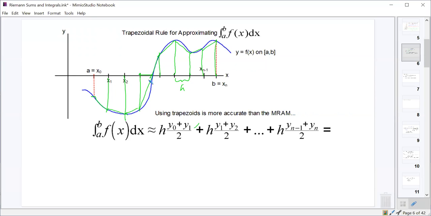If they all have the same height, what could we do? Factor it out. Factor out the h, and in addition to that, we could also factor out what? The halves. Half, right?